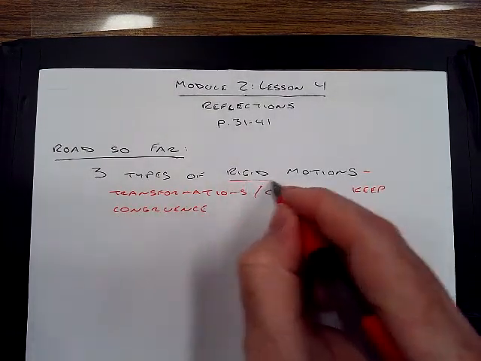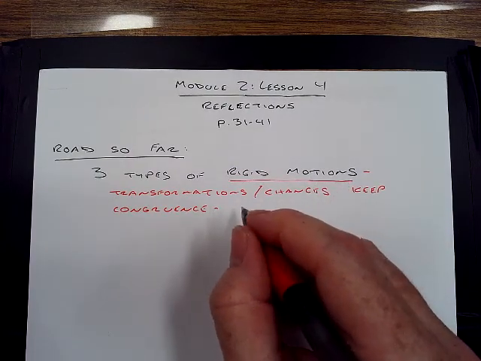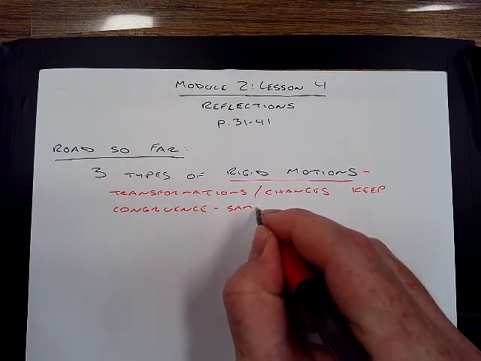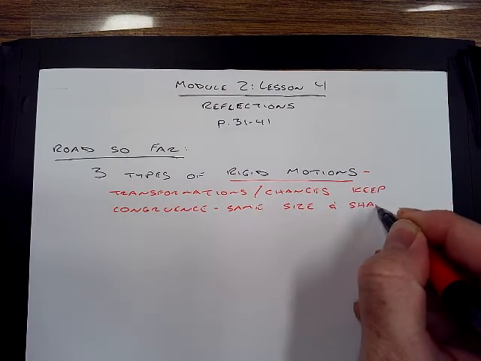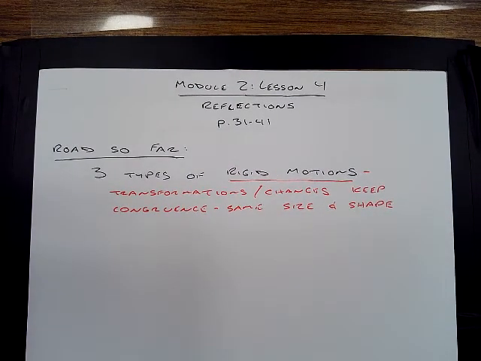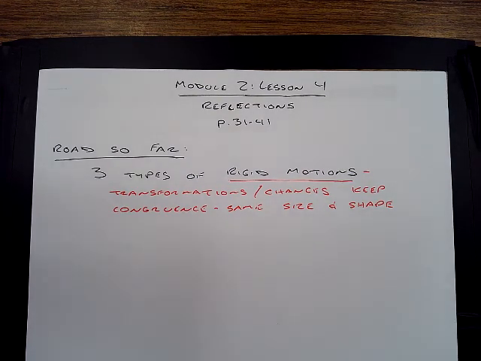That is what a rigid motion is. And remember, congruence is same size and shape. So rigid motions are changes that keep the same size and shape. Changes that do not change size and shape. Usually they change location, where the shape is.